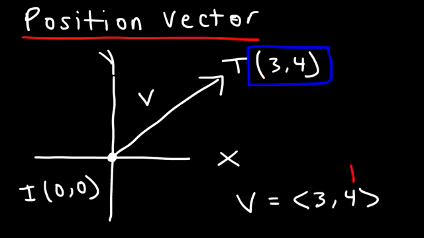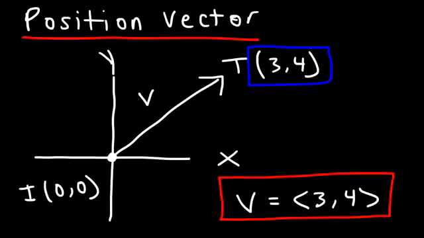So when dealing with position vectors, the coordinates of the terminal point will be the same as the components of the position vector, due to the fact that the initial point is placed at the origin. And that's basically what you need to know about position vectors. So to review, remember, a position vector is any vector that has its initial point placed at the origin.